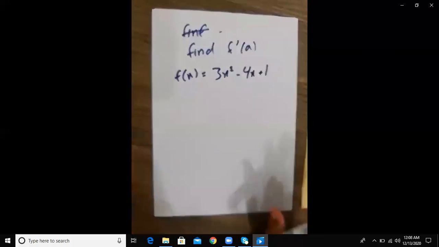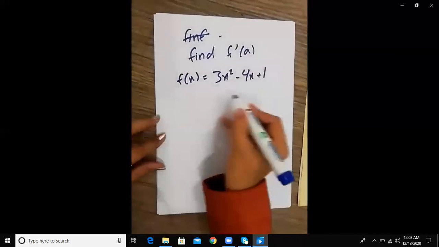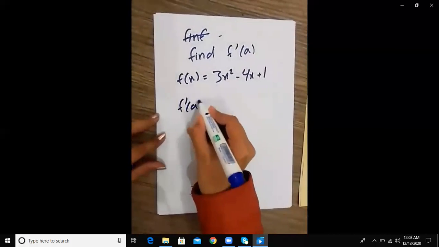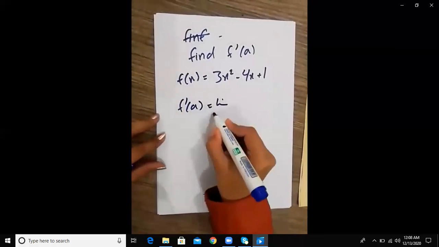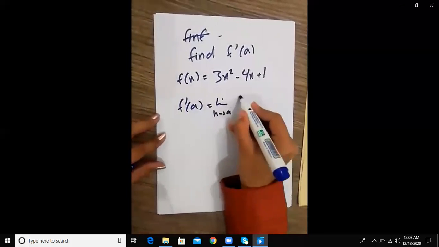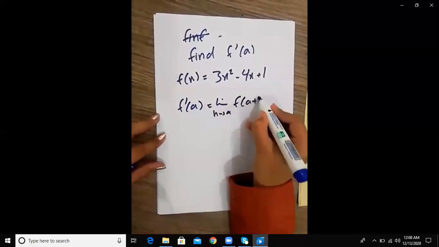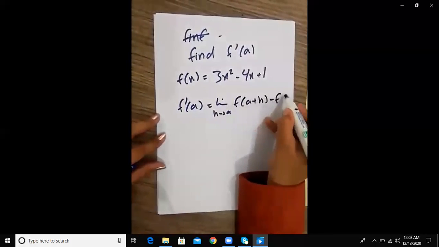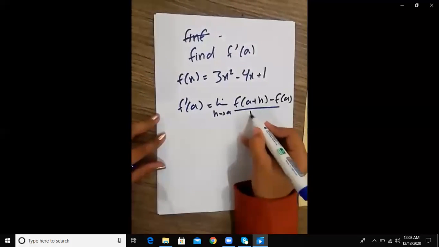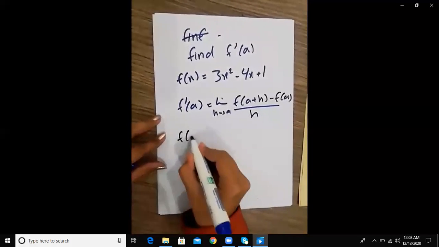This is the given function. We have to find the derivative at point A. So the derivative at point A is equal to limit h approaches 0, f of A plus h minus f of A over h.